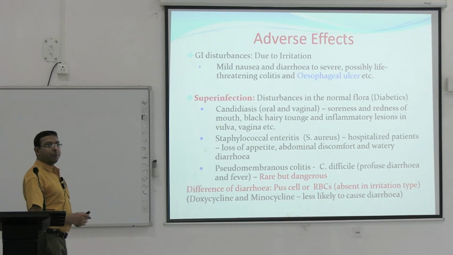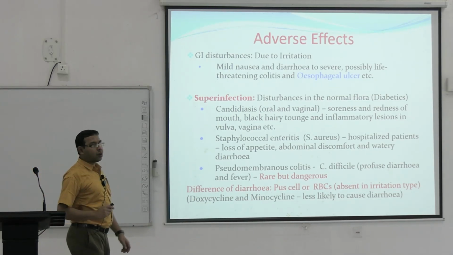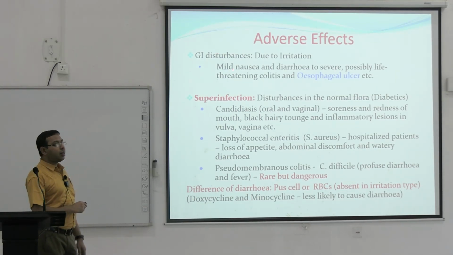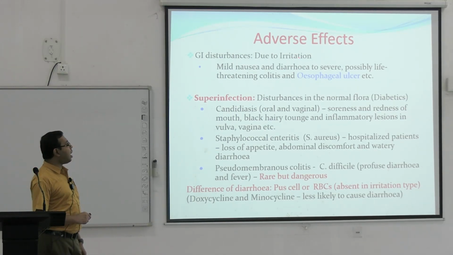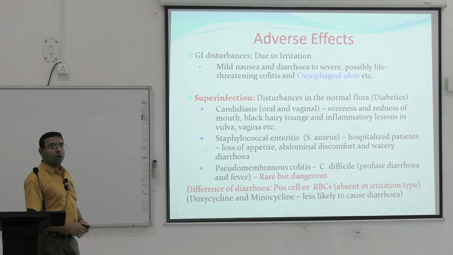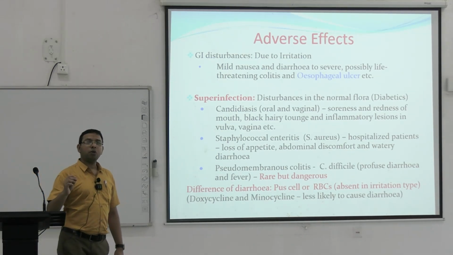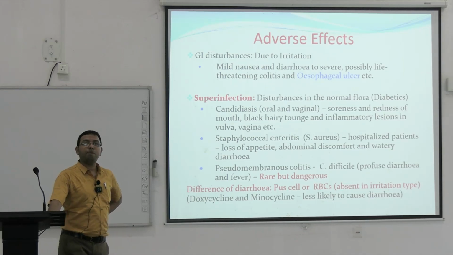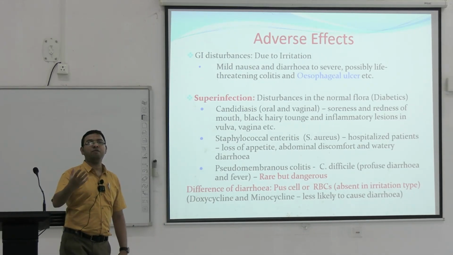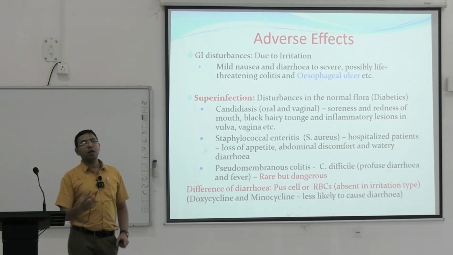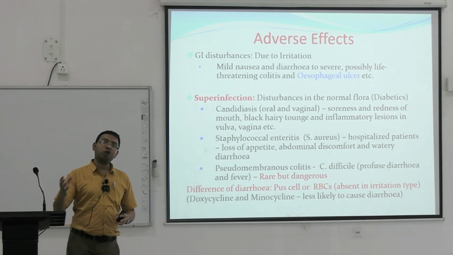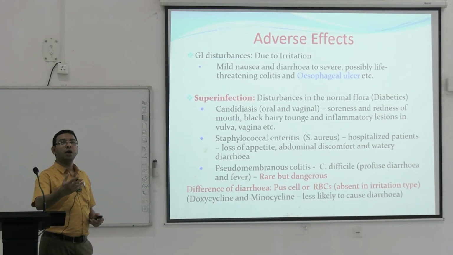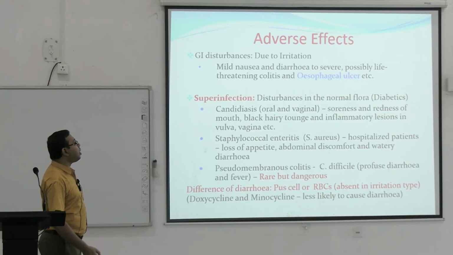There are some typical adverse effects of the tetracycline group. Irritation: mild nausea, diarrhea, esophageal ulcer and colitis can happen. Another most common adverse effect of broad spectrum antibiotics is superinfection. This term you will encounter: an infection is always there, but we are using the antibiotics, and on top of this another infection is gradually developing. This is superinfection.